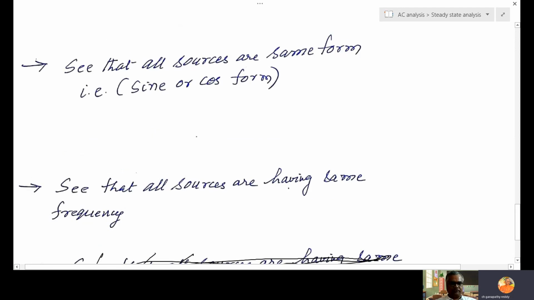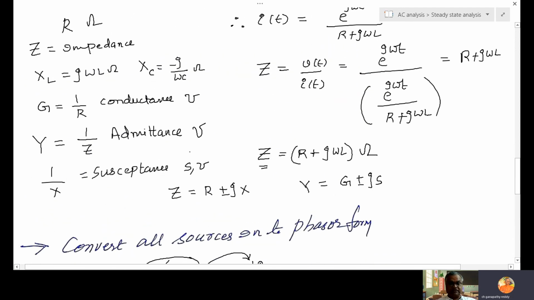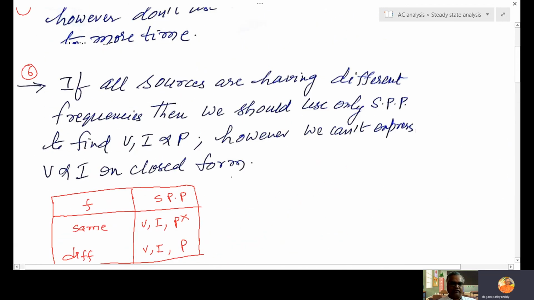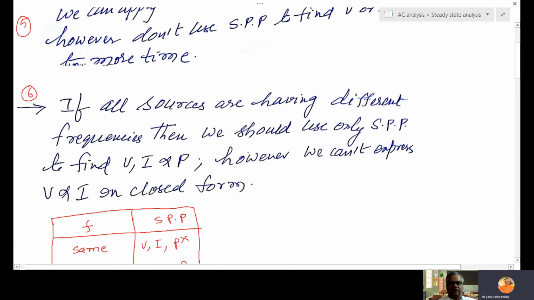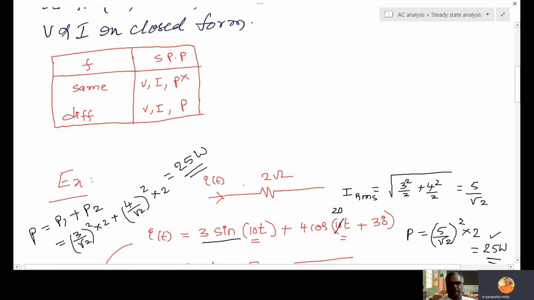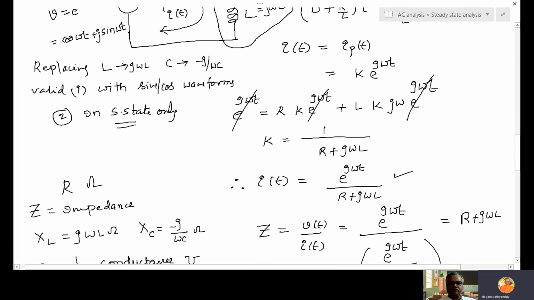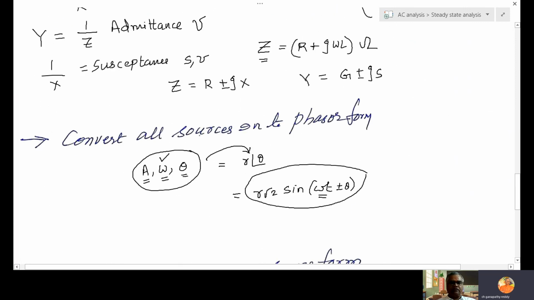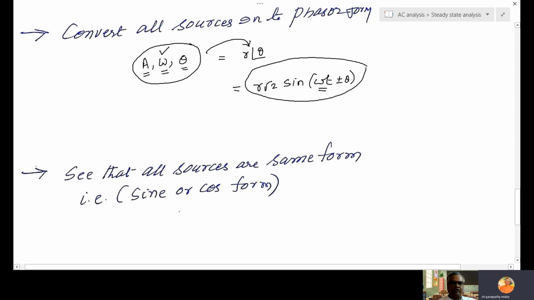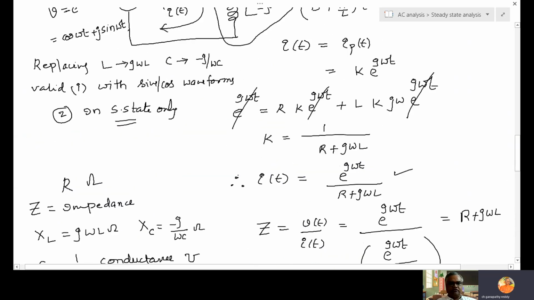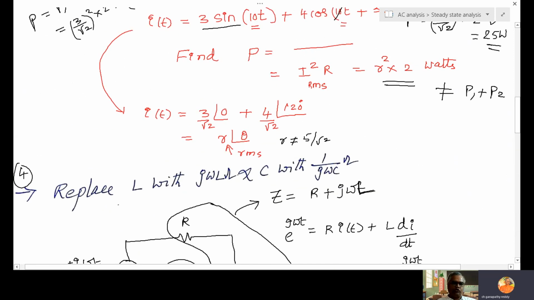So this is the explanation and justification for why we do it like this. The fifth and sixth steps were justified with the help of a numerical example, and for the fourth, j omega L and 1 by j omega C, the proof derivation was also given. This also explained phasor form, and sine and cos. Simple reason: all sources have the same frequency. So these are the important steps you should know.